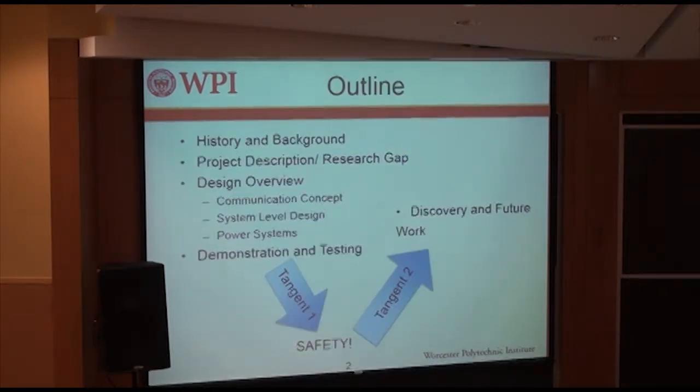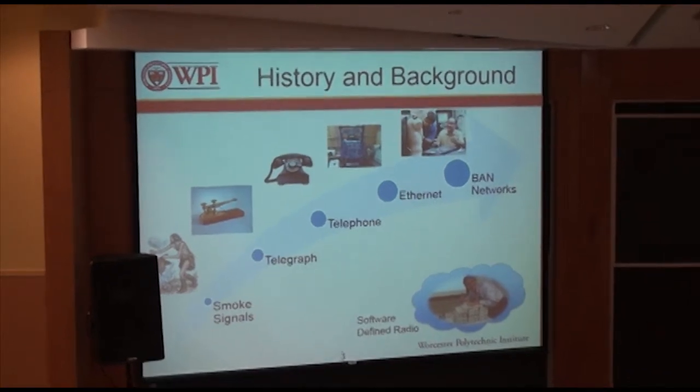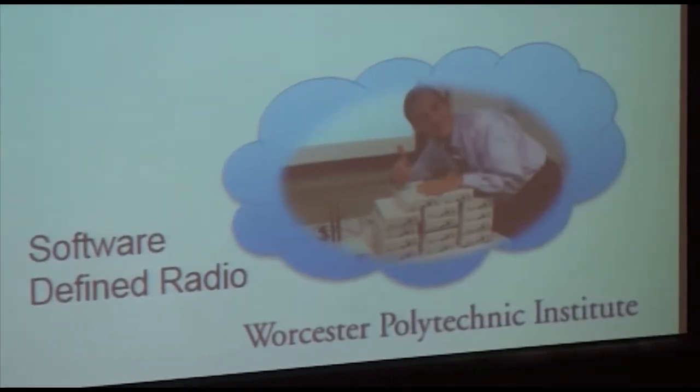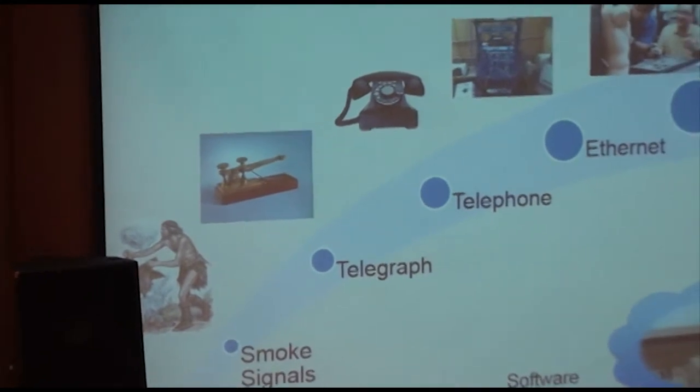So what we developed was an outline for our presentation, which you can see here. So this is the brief history and background of our research field. It started from a primitive sort of activity where you get your Native Americans and they sort of send smoke signals from one little tribe to the other, which was just sort of stupid and ridiculous.